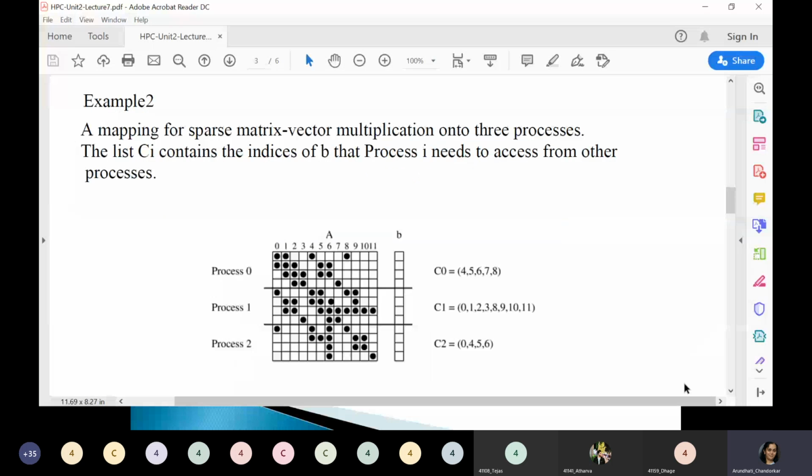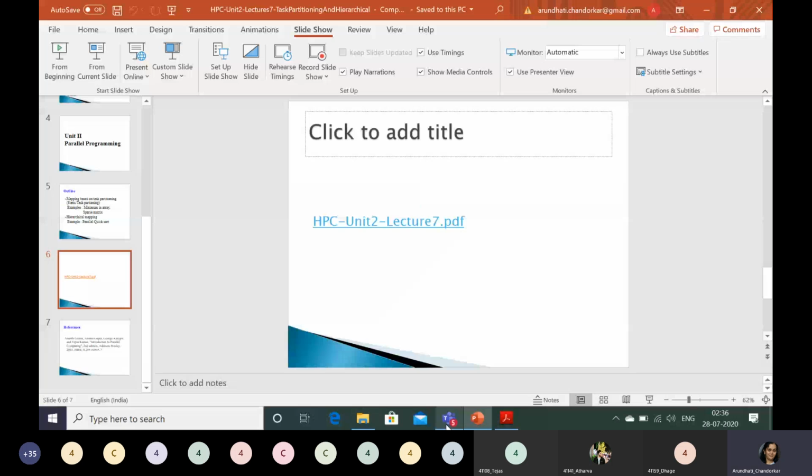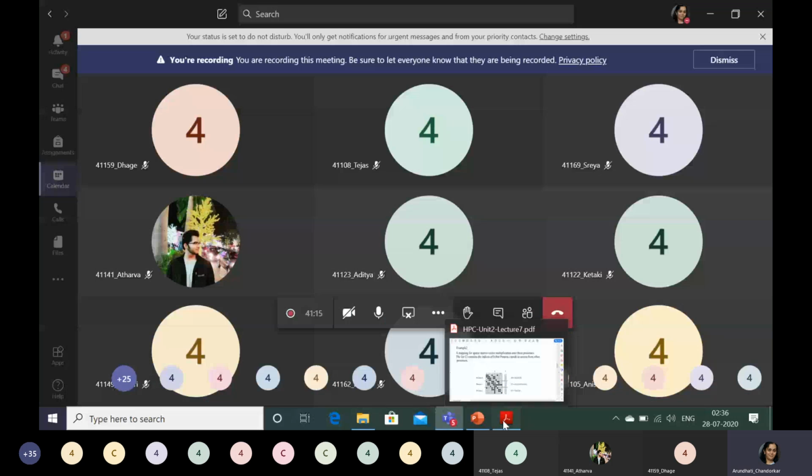So I hope it is okay. Nothing is there in the text box, so I think you are getting it. Second example, under the same category, a mapping of sparse matrix vector multiplication onto the three processes.